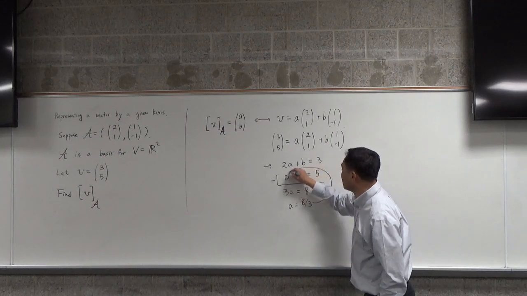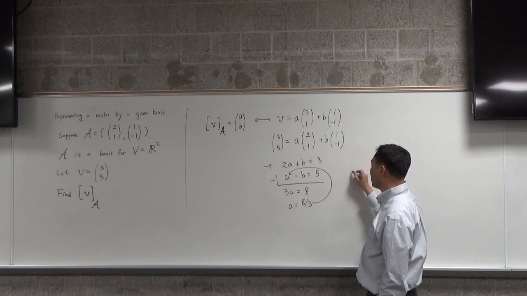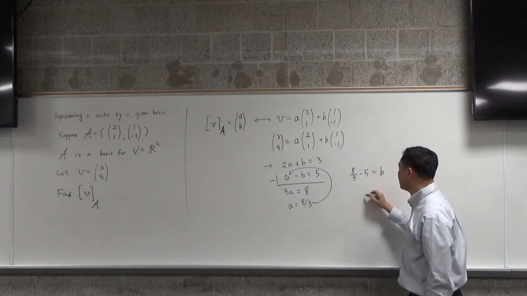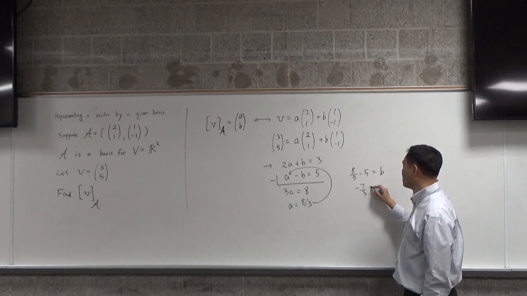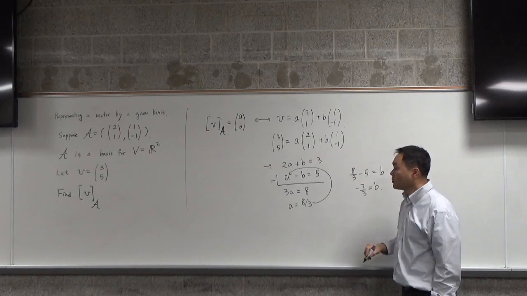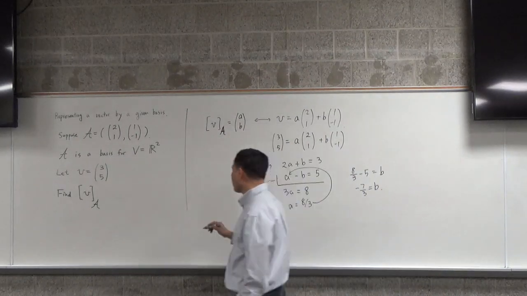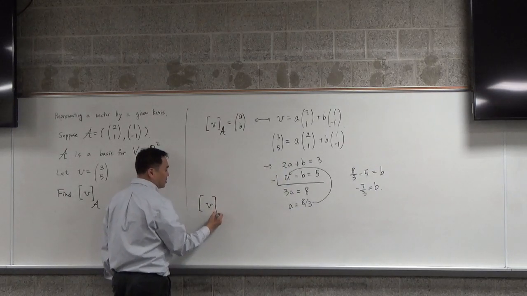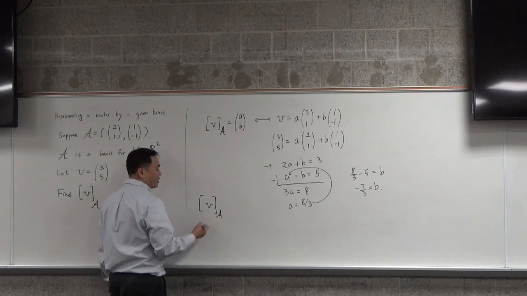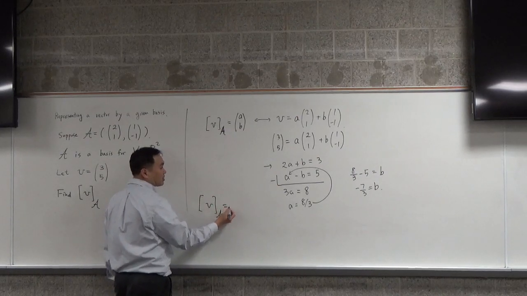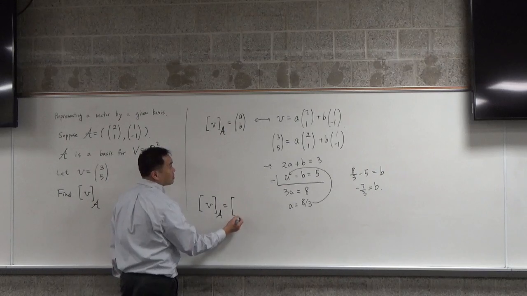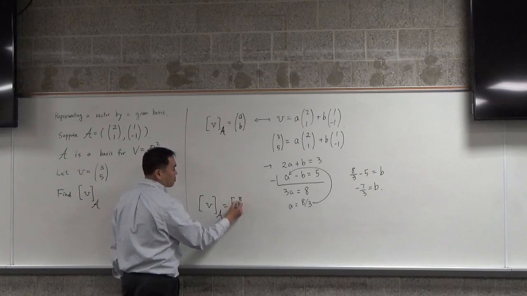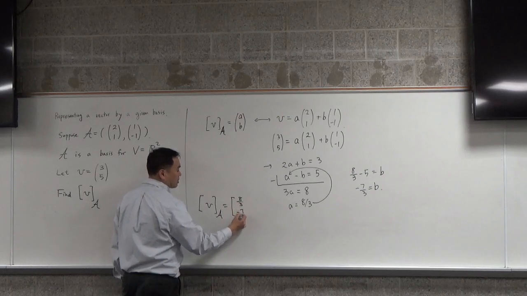Plug it back in here, and solve for b: 8 over 3 minus 5 must equal b, so negative 7 over 3 will be your b. So we have just figured out that the vector v, if you use A, gets represented as (a, b), which is (8/3, -7/3).